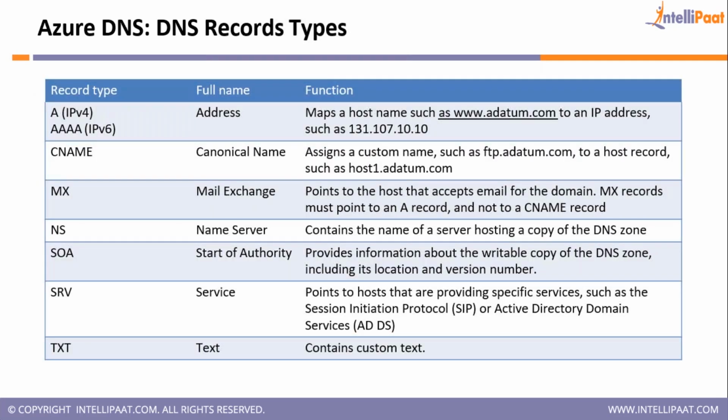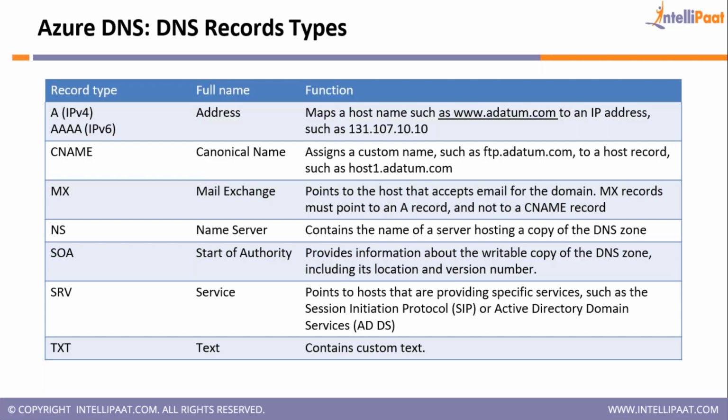Here is a little description of what all the record types are in general, not only in reference to Azure DNS. This will give you a better idea if you don't already have it. A record type of A refers to IPv4 addresses, and quadruple A is for IPv6 addresses.